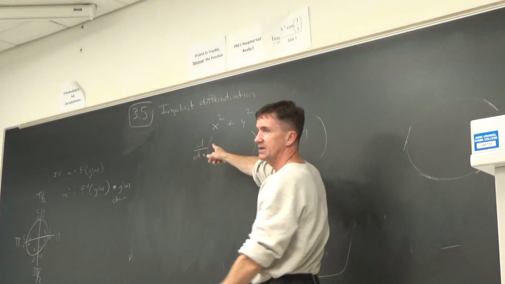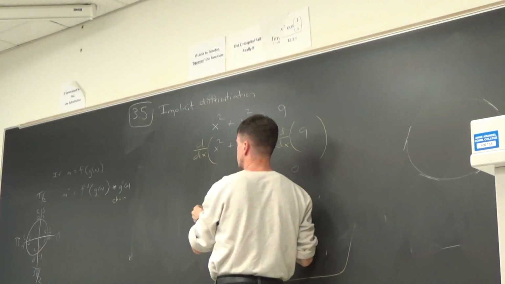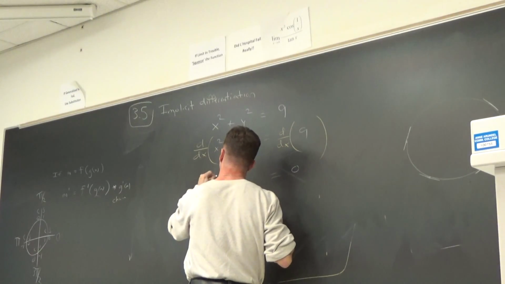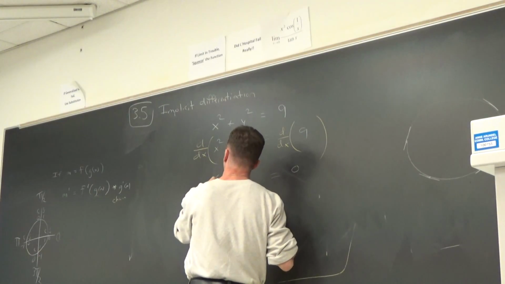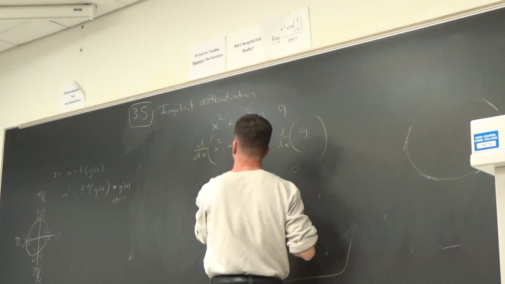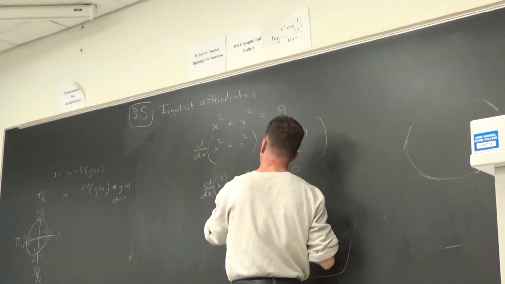So I have to differentiate this x squared plus this y squared. All right, so now look what I have. This may look weird. The derivative with respect to x of x squared, that's going to be a piece of cake. I'll put in yellow the part you and I are going to be careful on.